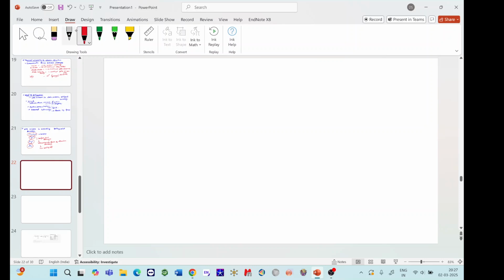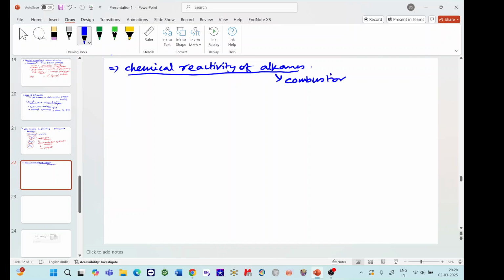Now let us discuss something about chemical reactivity of alkanes. So the basic reactivity of alkanes is the oxidation property, or you can term it as combustion, because we basically oxidize it.